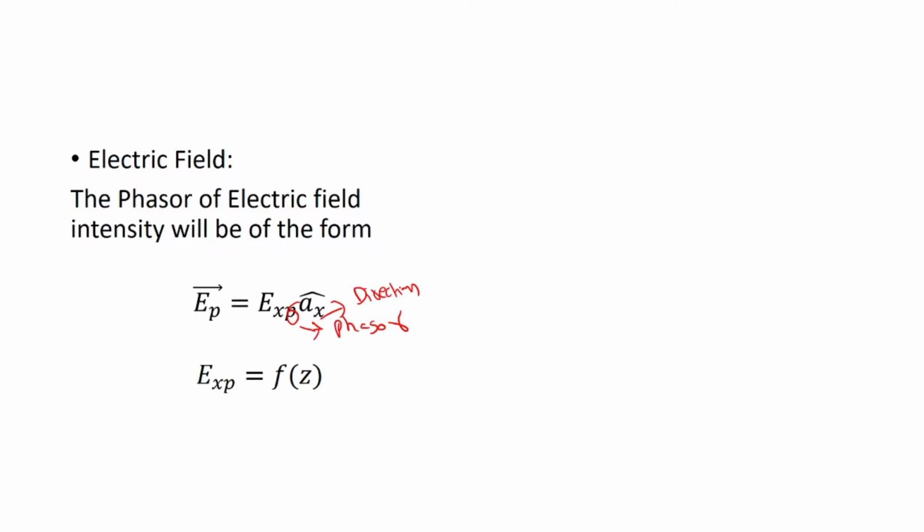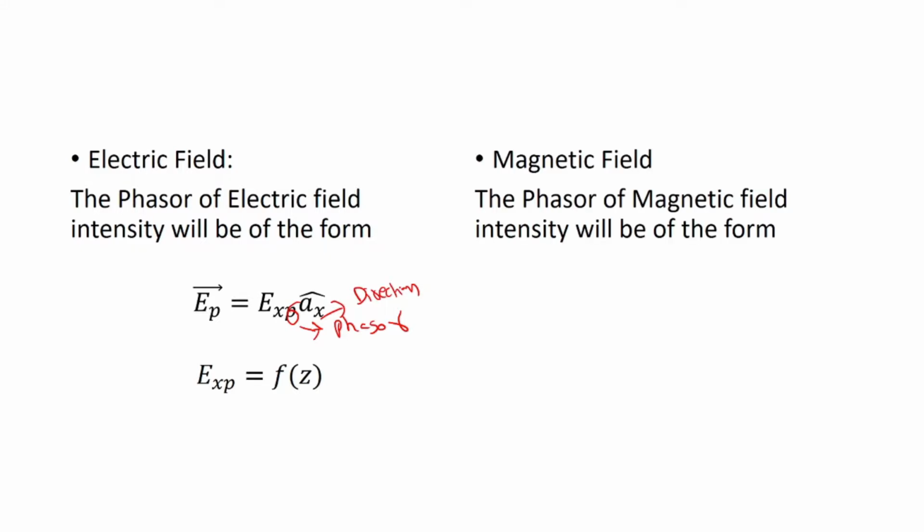Therefore, E_xp is a function of z. Similarly, the phasor of magnetic field intensity will be of the form H_yp a_y cap. Again, H_yp can also be a function of z because of uniform nature of the plane wave. So these are the phasor forms of electric field intensity and magnetic field intensity.